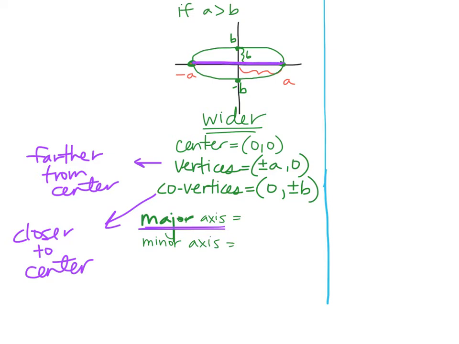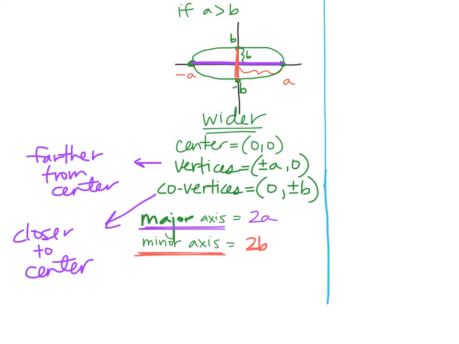If you think about what that length would be, that length is A doubled, right? Because you go A in both directions. So 2A. Versus a minor axis, and for the minor axis, we're talking about this length. Because we're working from 0, 0, if we just double our B, that would be the length of the minor axis.